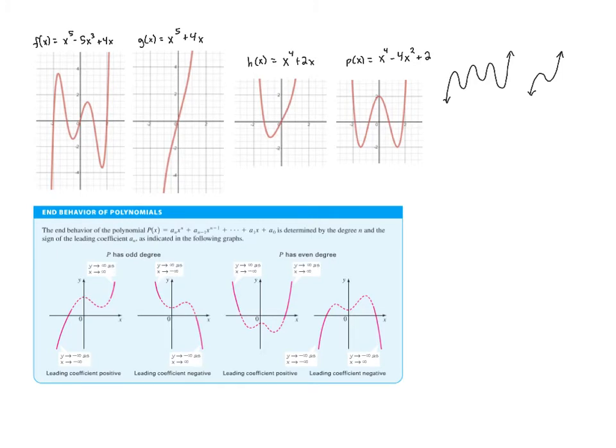So when the polynomial has an odd degree, it's going to be going up to the right and down to the left, like we saw up here, if we have a positive leading coefficient.